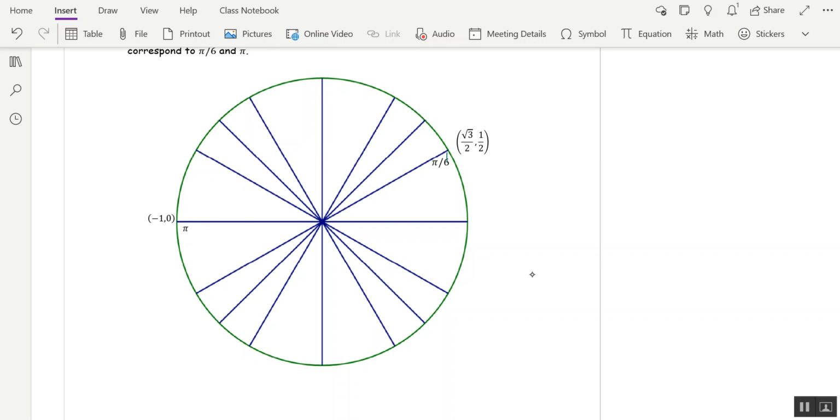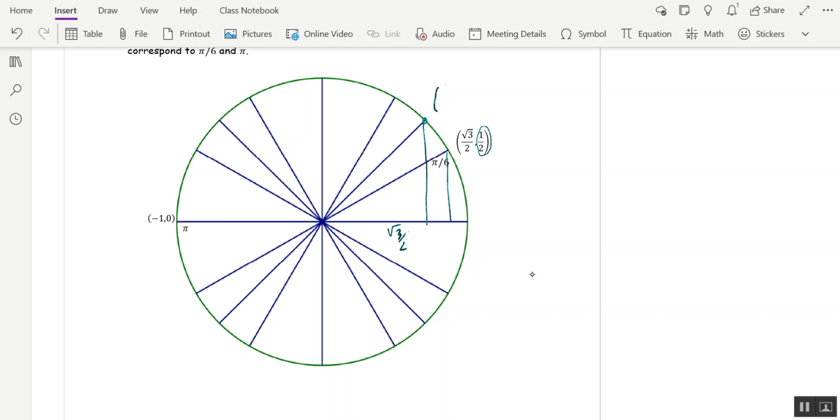For pi over 6, drop a perpendicular. Here's our reference angle. The opposite side is the short side. That's the y coordinate. The adjacent side, root 3 over 2, is the x coordinate. And that's the long side. For pi over 4, each side is equal.